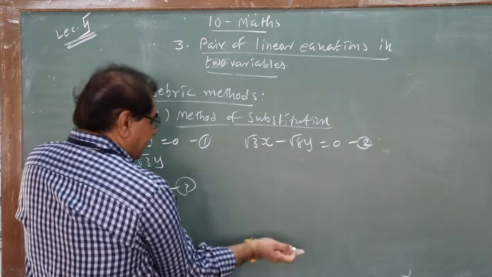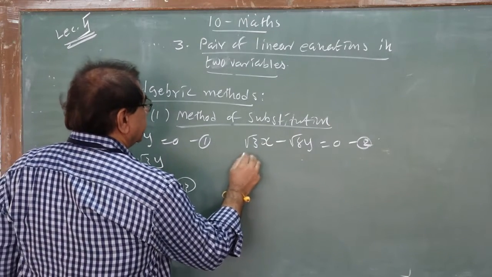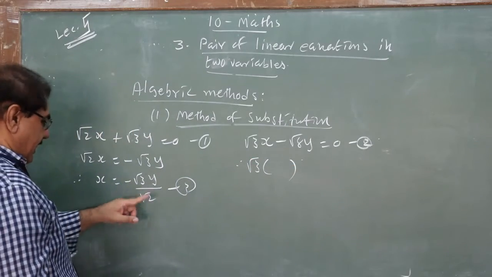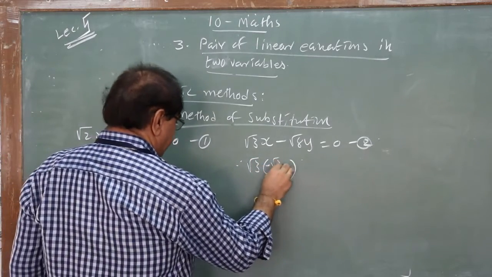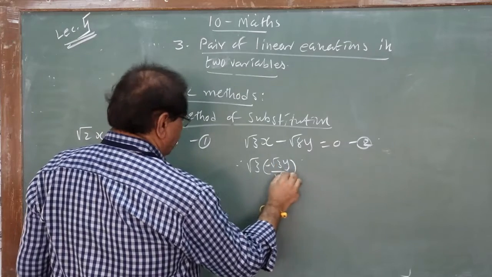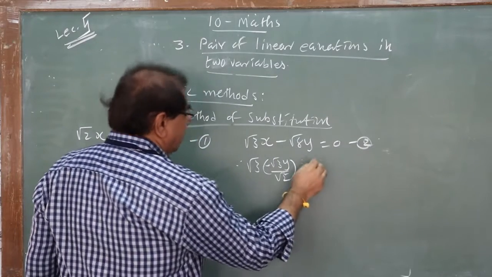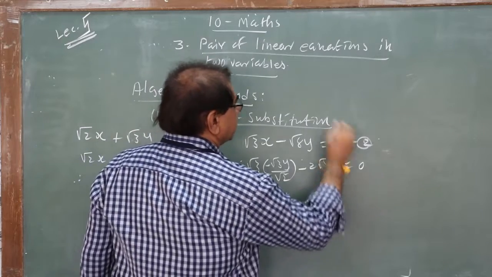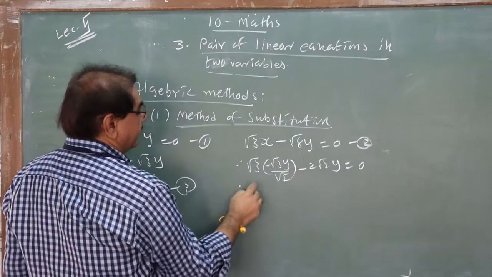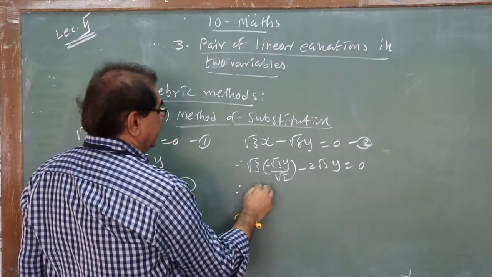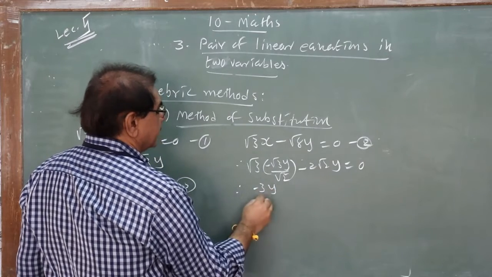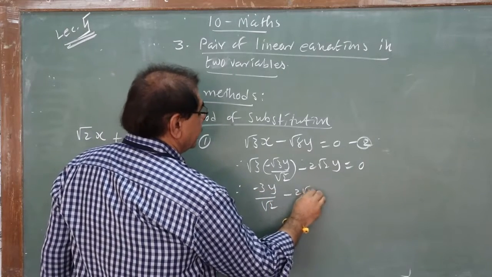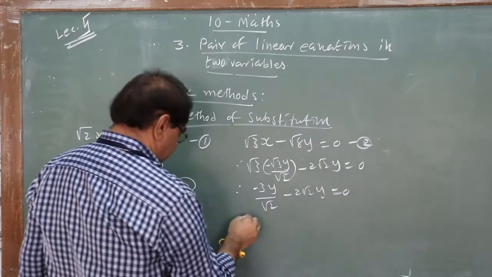So rewrite equation 2: root 3 into the value of x, minus root 3y upon root 2, minus root 8y, which means 2 root 2y, you know it, is equal to 0. Therefore, root 3 into root 3 is 3y, but minus upon root 2, minus 2 root 2y is equal to 0.